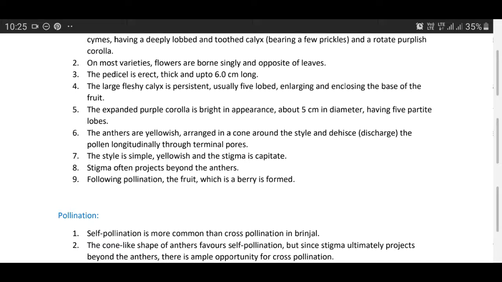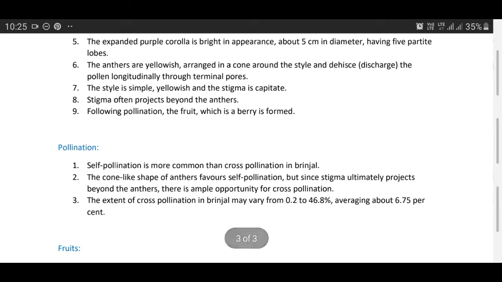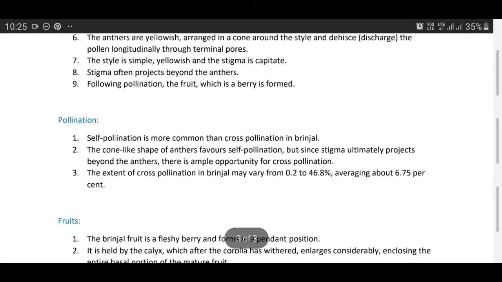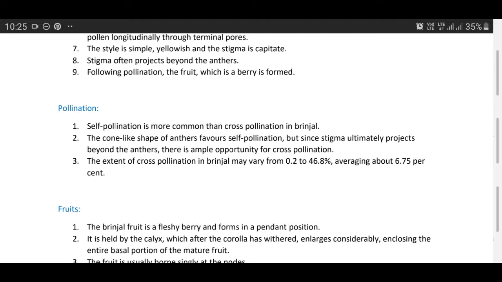Following pollination, the fruit, which is a berry, is formed. It means as and when pollination is confirmed, fruit set gets started. Then pollination behavior of brinjal. Generally in brinjal, self-pollination is more common than cross-pollination.